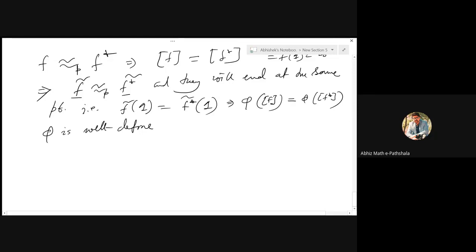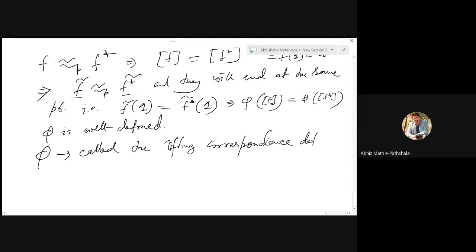Okay, so this is well defined. Now this phi is called the lifting correspondence, determined by a covering map P from the space E to B. How do you get this one?